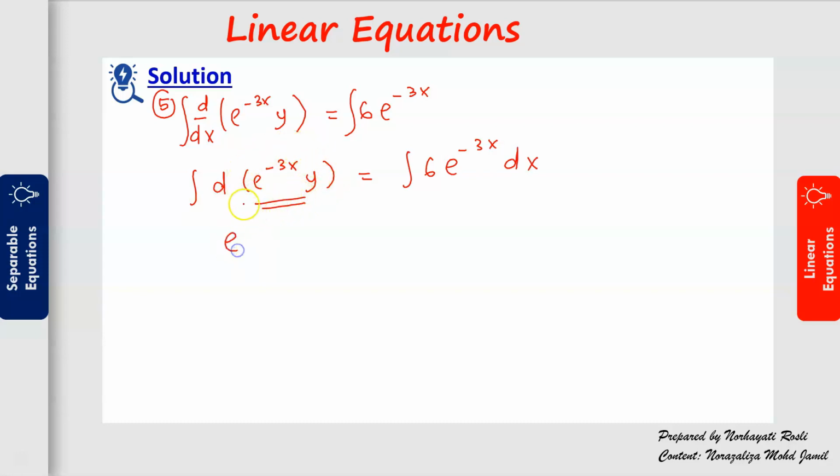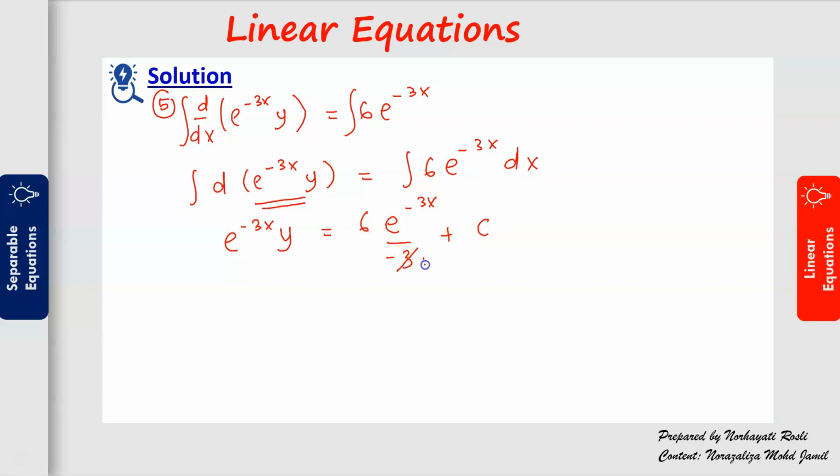That is, you will have exponential negative 3x times y equal to, when we integrate this part, you need to refer to the mathematical formula book. How can we integrate an exponential function? In this case, we will have the constant, exponential of negative 3x, and this one you need to differentiate, so it will be divided by the differentiation of this, which is negative 3, plus c.